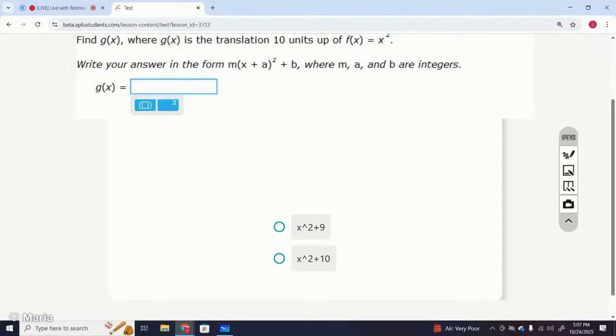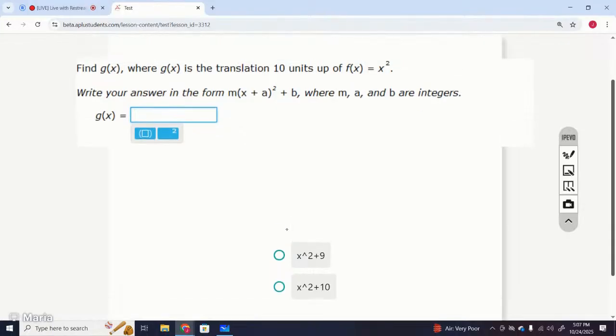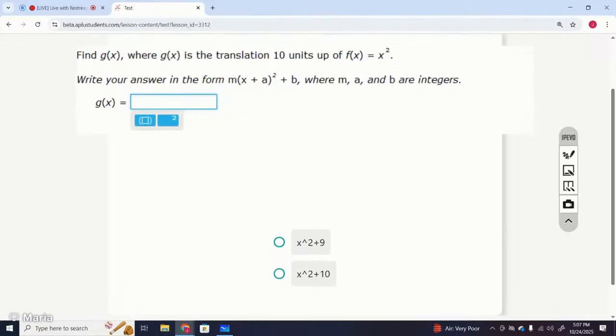Find g of x, where g of x is the translation 10 units up of f of x equals x squared.